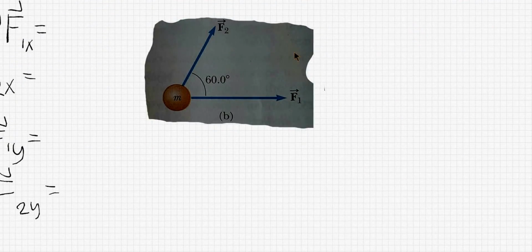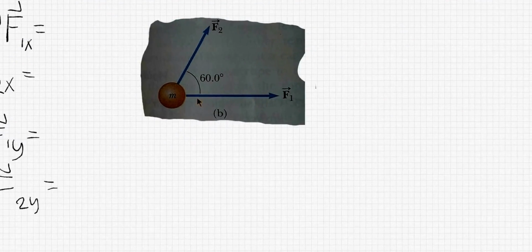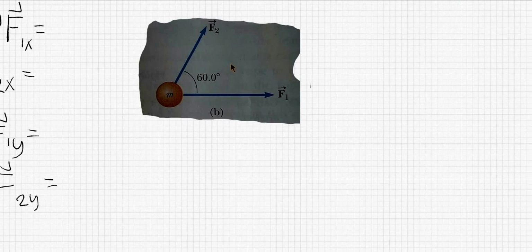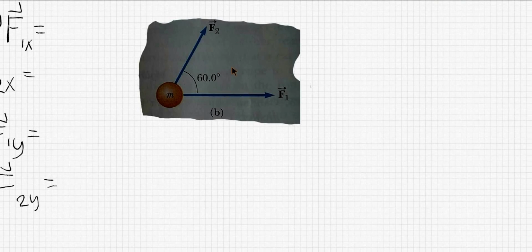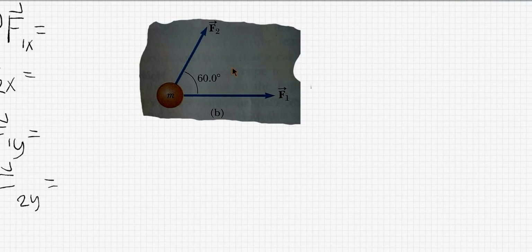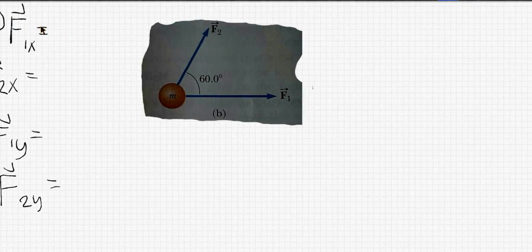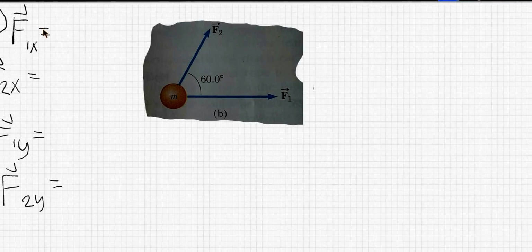Okay, so now for part B, they want you to find acceleration as well. And acceleration here will have both an x and y component, and I think the book wants you to write it in vector form. So force 1 does not have a y component, it's all in the x direction.